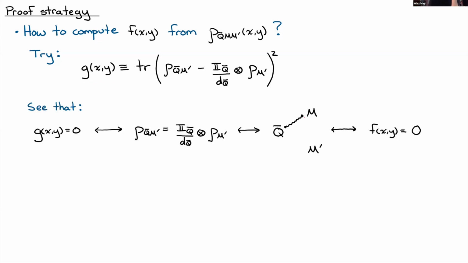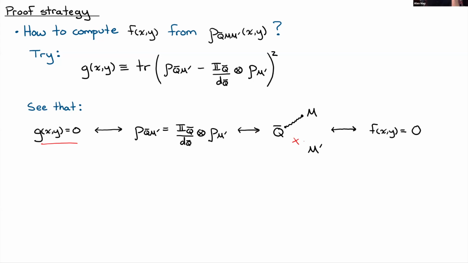Okay, so why am I looking at this function? Well, what's important here is that g is 0 if and only if f is 0. Okay, so why is that the case? Well, it's easy to see that g is 0 if and only if rho Q bar M prime has this tensor product form. And what that is telling you is that there is no entanglement between Q bar and M prime.